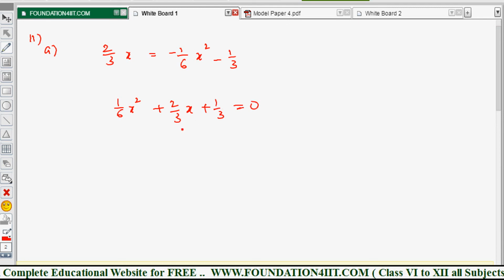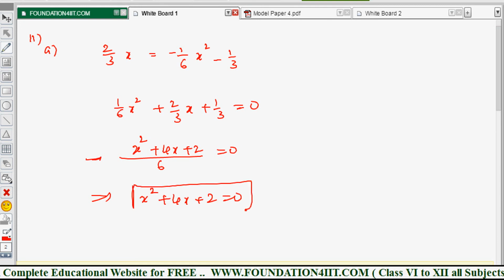Take all the terms left side, and 6 is the LCM, then that becomes x square plus 4x plus 2 is equal to 0. And from this, 6 into 0 is 0. Then x square plus 4x plus 2 is 0. This is the quadratic equation.